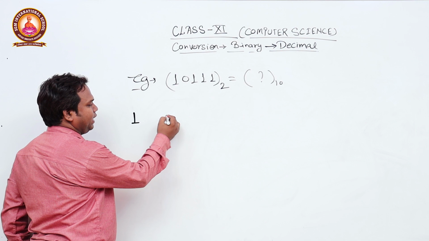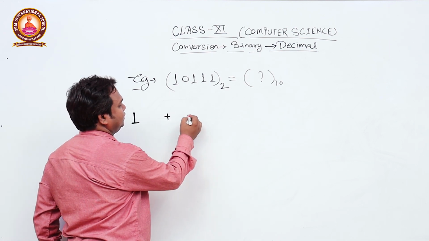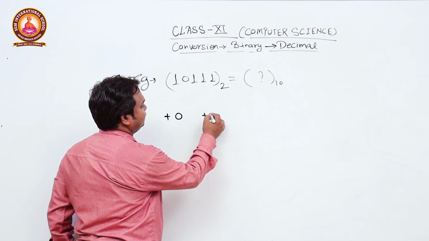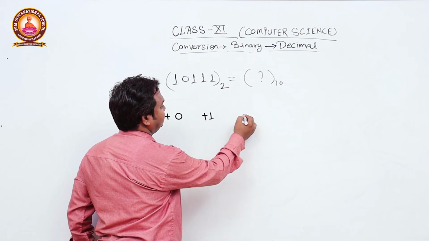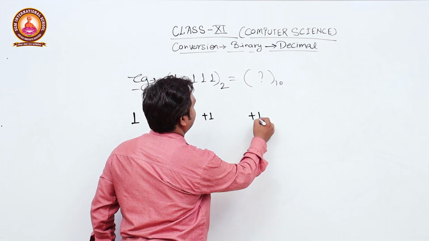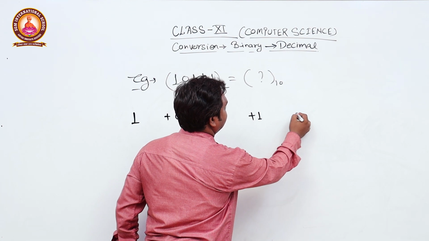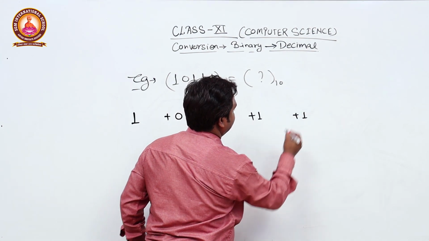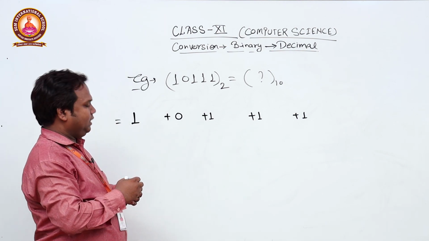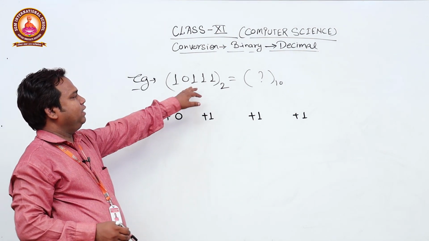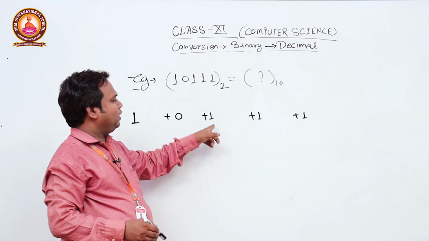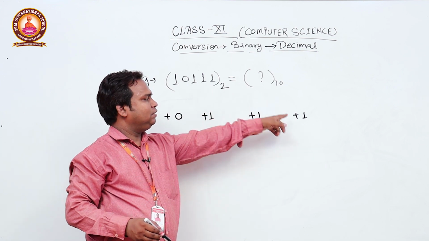Here we write all the digits given in the question: 1, 0, 1, 1 and 1, with a plus between them.